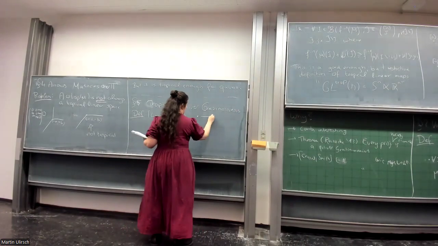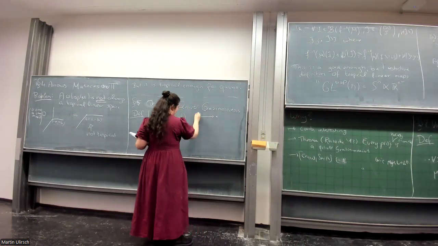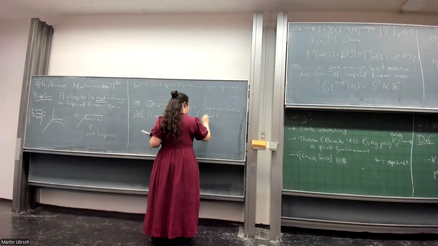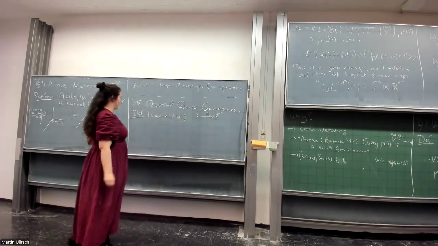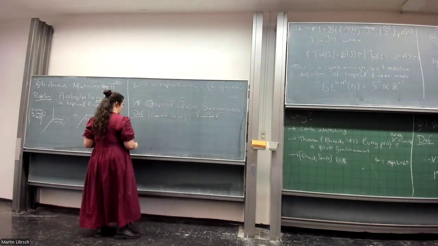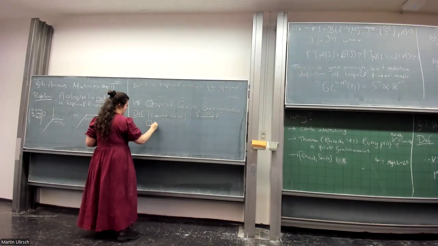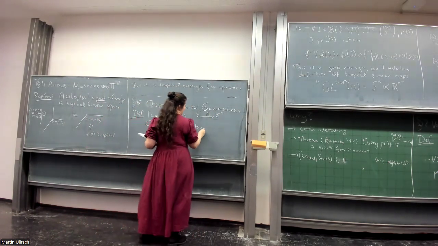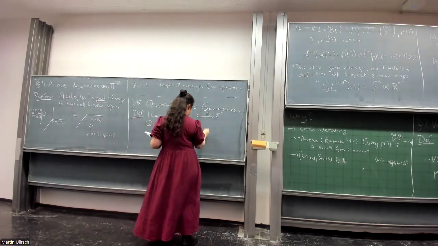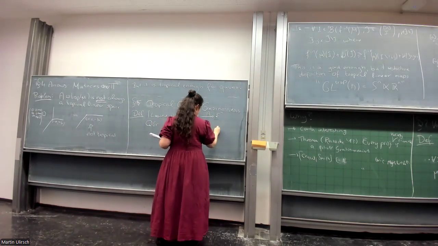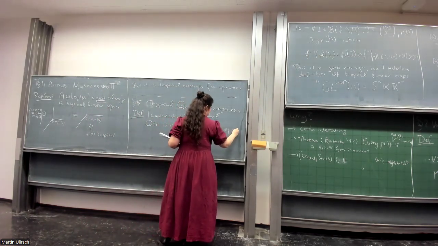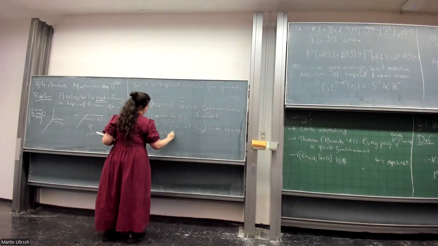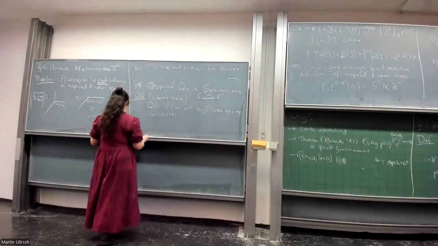So let's just fix the setting here that might look slightly trivial. The map from Cn to Cn, and this linear map is given by a matrix A. Now, Lorscheid and Weiss say that the Quiver Grassmannian is cut out by the Plücker equations for each of the vertices, and the following quiver-Plücker relations for each of the arrows.